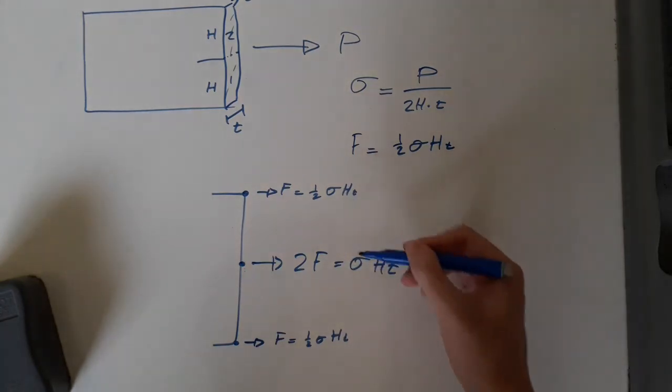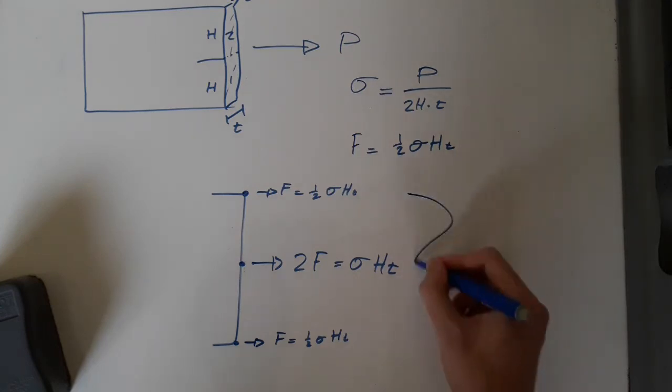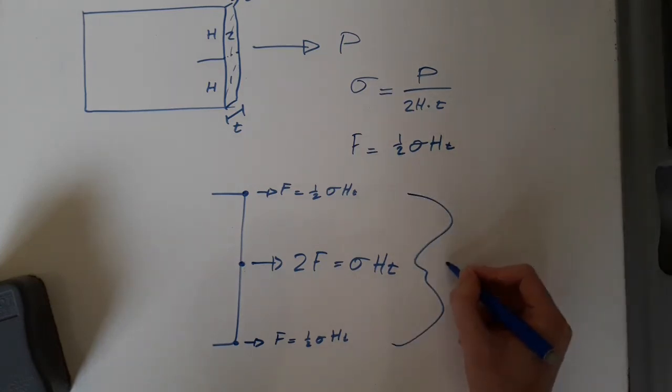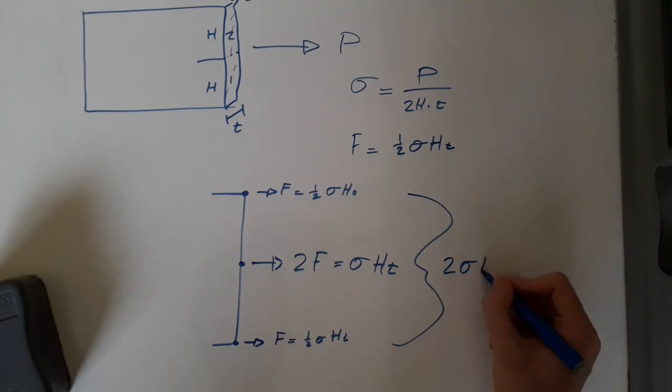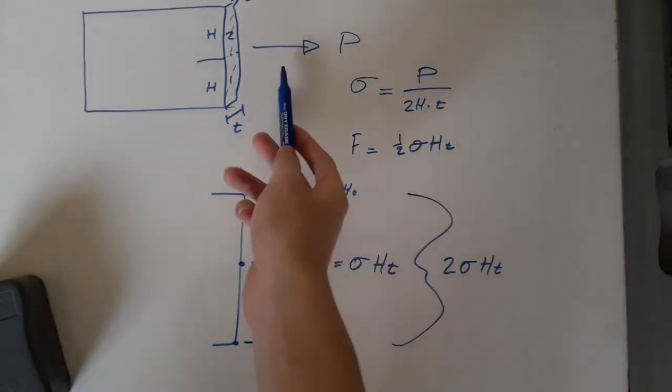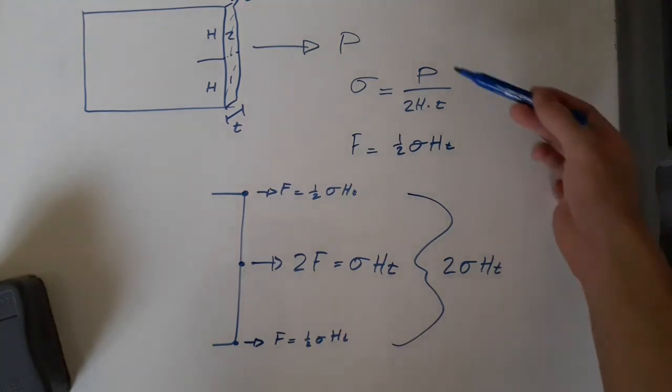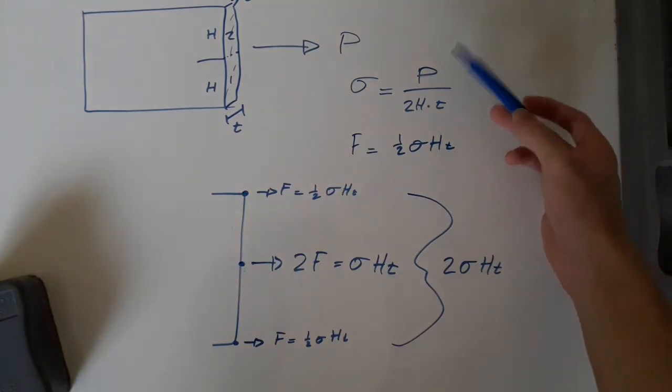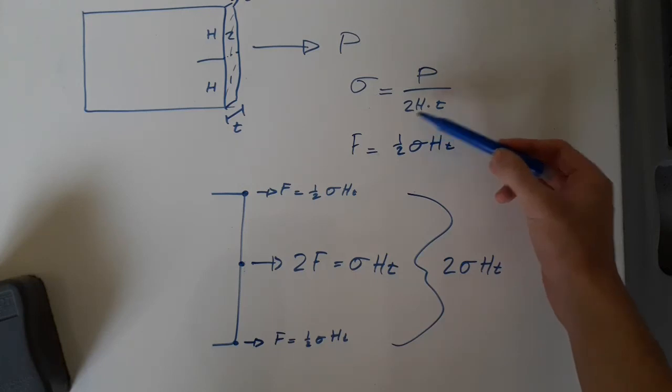If you add these three forces up, you would be left with 2 sigma ht, which, if we consider the initial scenario, is the exact same as P, your overall load, where P would be just sigma times 2ht.